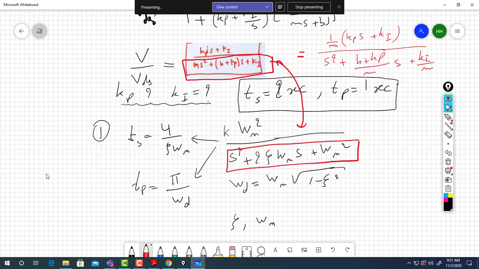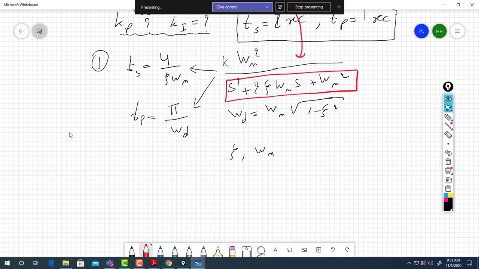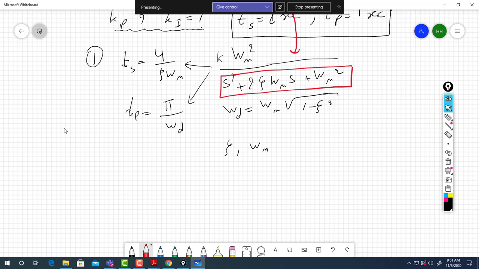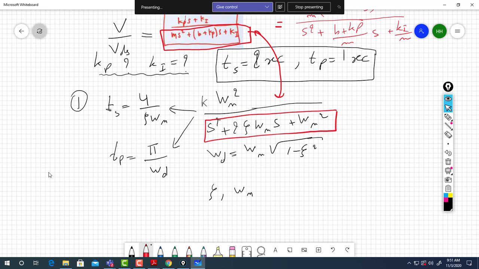For a higher order system or a system with zero, a non-canonical system, we need to use the root locus method or some method which we are not dealing with now.